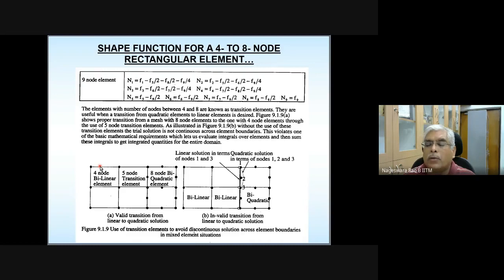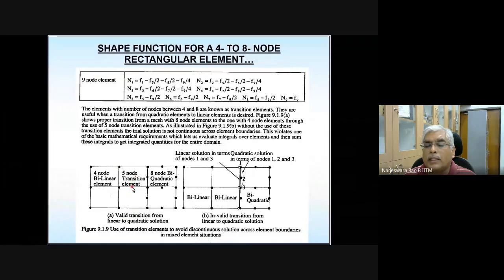You can adopt elements with fewer nodes over a particular region, and elements with more nodes in another region. But in between, you should have smooth transition. Here 4 node elements are used, and here 8 node elements are used. So how to connect 4 node elements to 8 node elements? You can make use of 5 node elements.